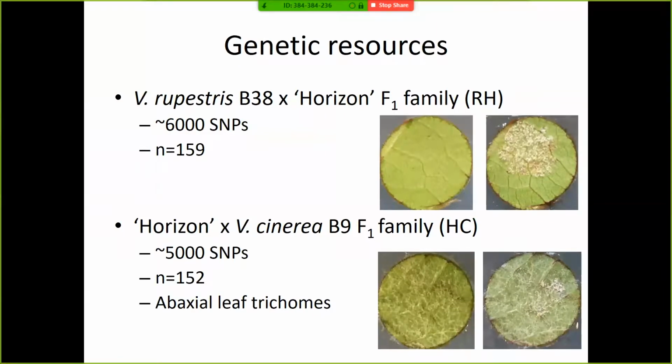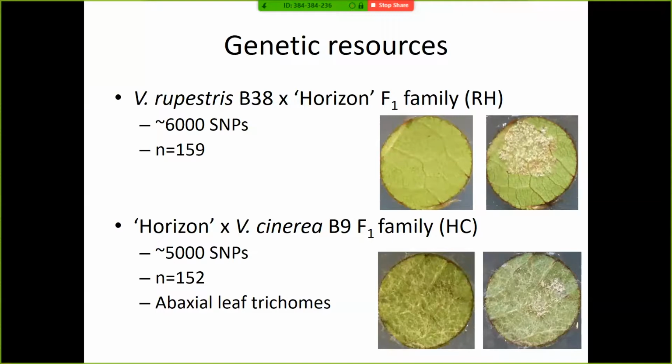So now I'll talk about the genetic resources that I've used to evaluate this method. Both of them are interspecific F1 hybrids. The first is Vitis rupestris by Horizon. Vitis rupestris is a Native American Vitis species, and Horizon is an interspecific cross. It has Vitis vinifera in its background, as well as other Vitis species.